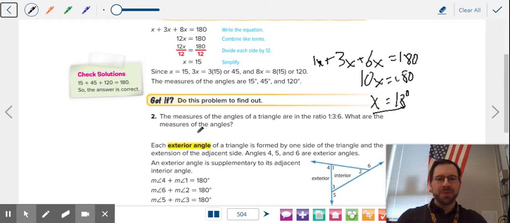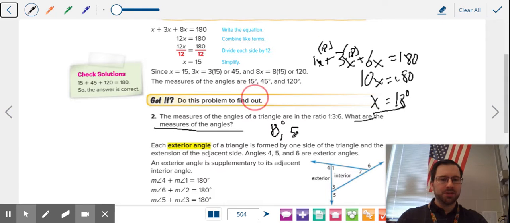Now that's not the answer. It says what are the measures of the angles. So my first angle is 1 times 18. That's 18 degrees. 3 times 18 is 54 degrees. And then you notice here 3 and 6. 6 is double 3. So what I can do right here is double 54: 108.